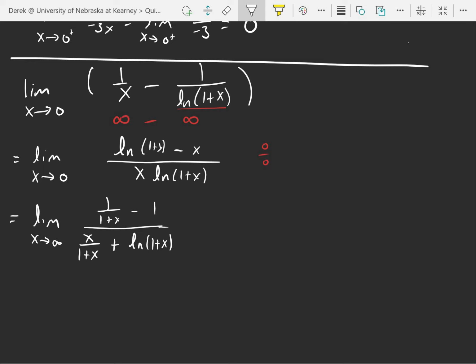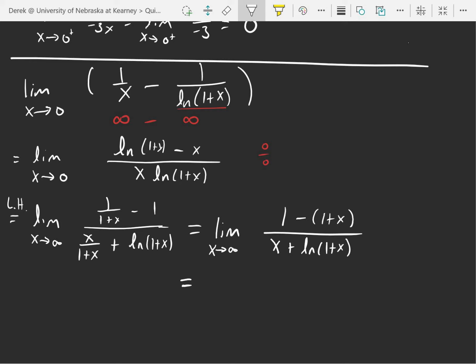And in this case I see that I have 0 over 0 again, but let's do some algebra. I'm going to multiply everything by 1 plus x, top and bottom. If I multiply the top and bottom by 1 plus x, I get 1 minus 1 plus x divided by x plus natural log of 1 plus x.